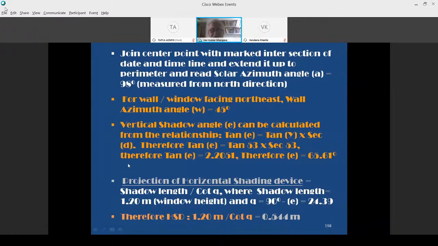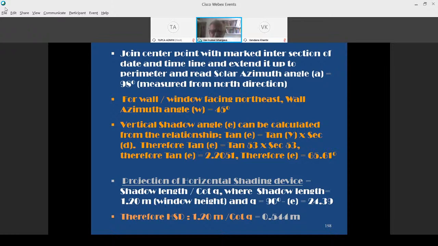Now, depending on the point of observation, for example, you are calculating the projection of a vertical shading device and you want to shade the complete window, then the whole width of the window will be shadowed. If you want to keep only half of the window in shade, then the shadow length will be only half of the window width, that is 0.6.